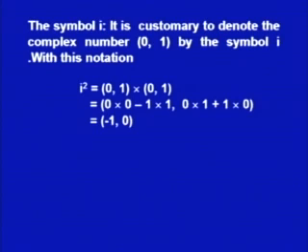With this notation, i square will be equal to (0, 1) into (0, 1), that is (0 plus i1) into (0 plus i1), equal to, by the operation of multiplication, (0 into 0 minus 1 into 1), that is the real part, and (0 into 1 plus 1 into 0), that is the imaginary part, and this will be equal to minus 1 as the real part and 0 as the imaginary part.